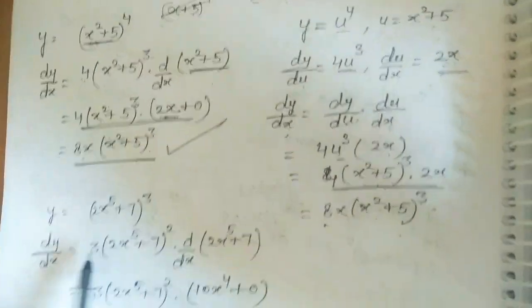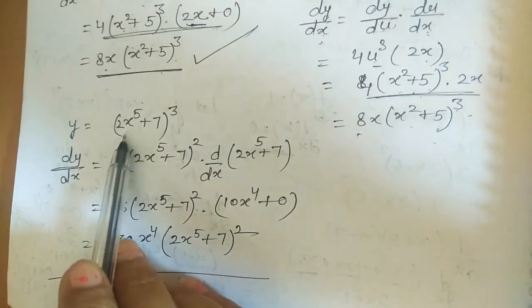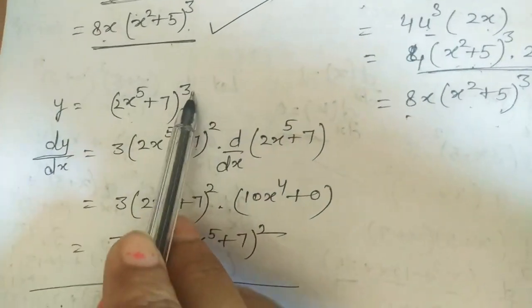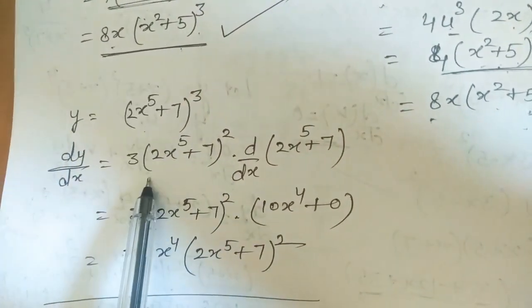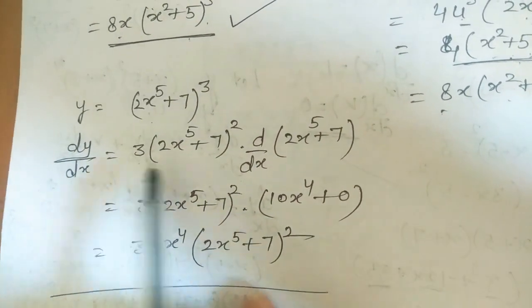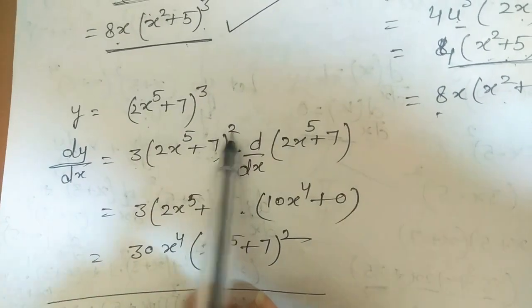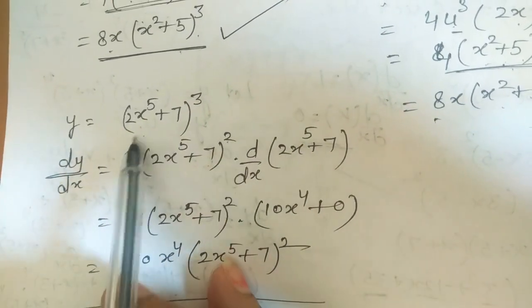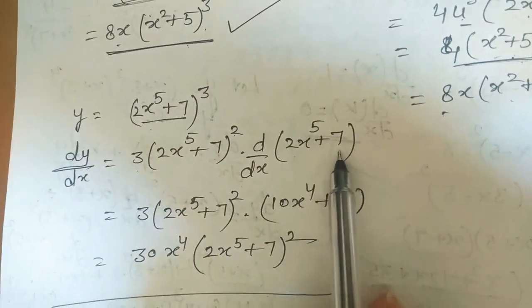Okay, now come to the next similar question. y is equal to (2x power 5 plus 7) whole cube. So we will apply the chain rule here also. The power comes in front: 3 into (2x power 5 plus 7) raised to power 3 minus 1, into the derivative of 2x power 5 plus 7.